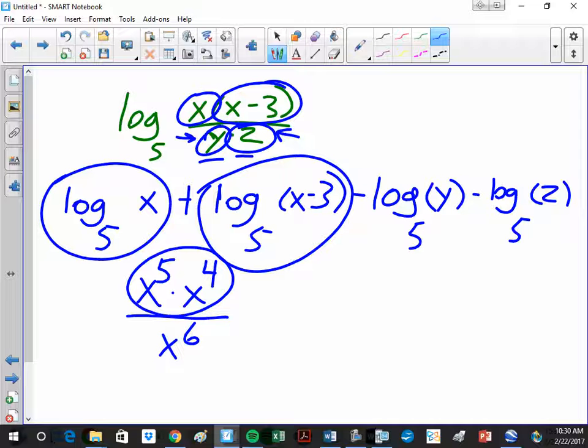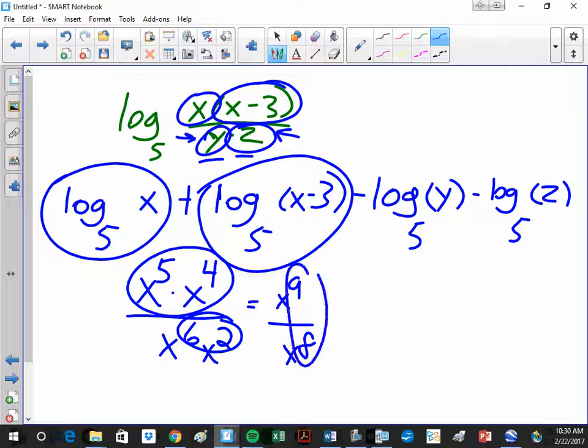You add them. So that's like saying x to the 9th. But on the bottom, if I had x to the 6th, what do you do with the 9 and the 6 in this case? You subtract the 6. So if I put an x squared down here, I could add those together and get x to the 8th, but overall they get subtracted.